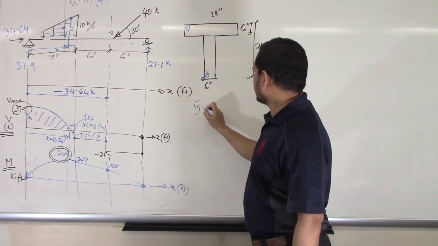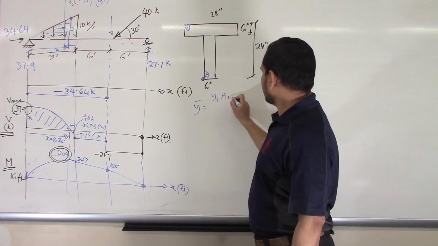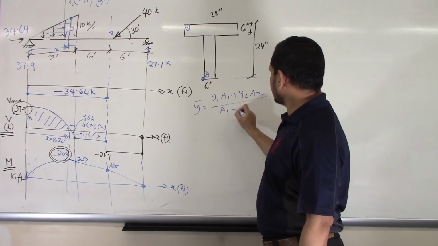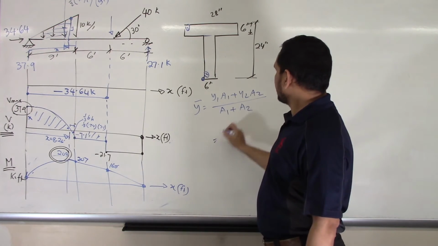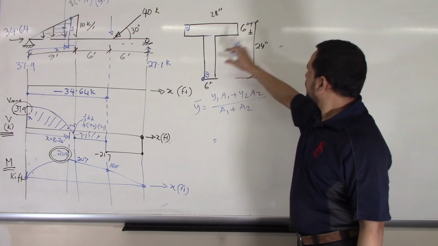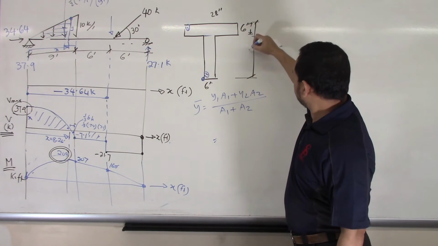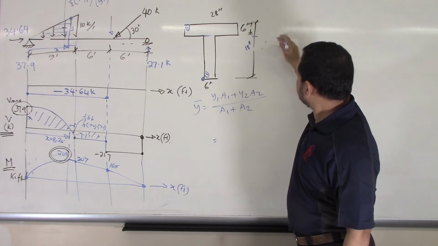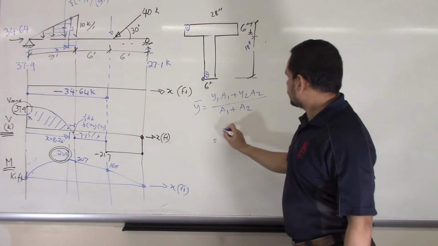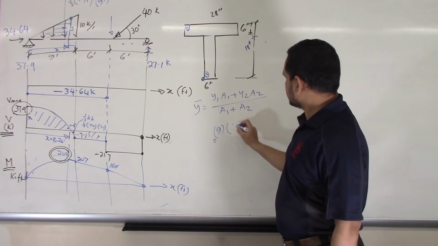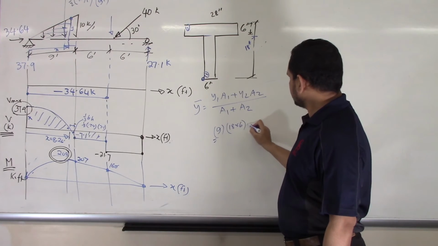Say y bar is y1 a1 plus y2 a2 divided by a1 plus a2. What is my y1? Centroid of part 1 from this point. It is 6, that means up to this is 18. So y1 is 9. What is my area 1? 18 times 6.